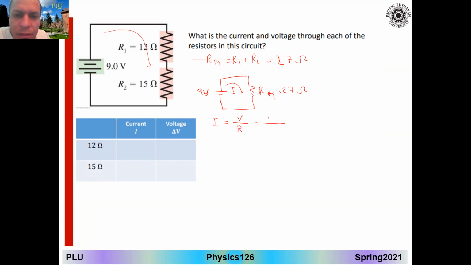I have 9 volts divided by 27 ohms. I end up with 1/3, volts divided by ohms, which is 1/3 amps. Now since I have a series connection, this one will be 1/3 amp, the same current in this one, 1/3 amps.